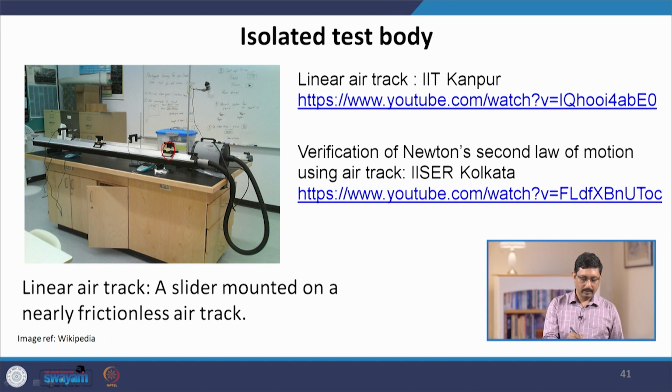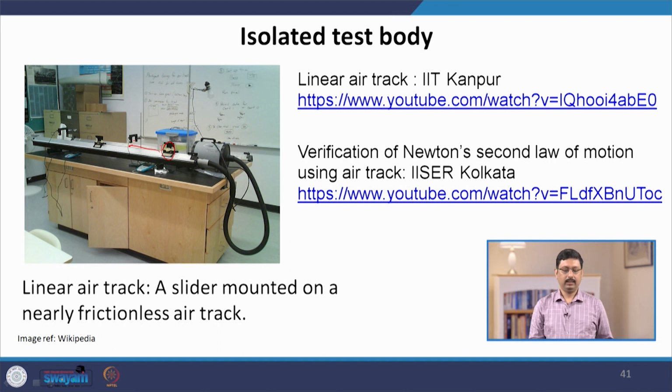Because of these air jets coming up, the slider is not in contact with the track itself, but is floating in the air, and it can move along the track in the horizontal direction.